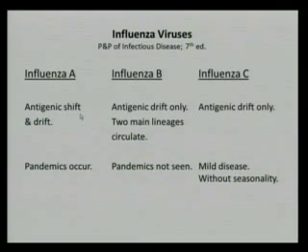However, only A has larger antigenic changes known as an antigenic shift, and this allows for pandemics to occur. So all the pandemics that we're familiar with, like the swine flu pandemic, was from an A virus. C virus is more like a mild upper respiratory infection. Doesn't cause major epidemics and not pandemics, so we don't really discuss C very much from a clinical standpoint.